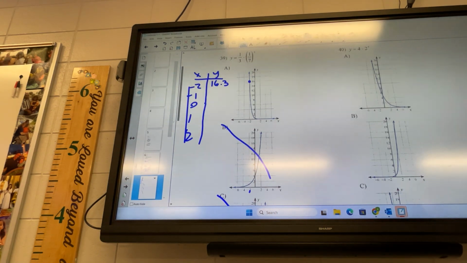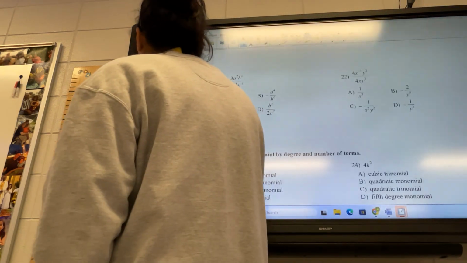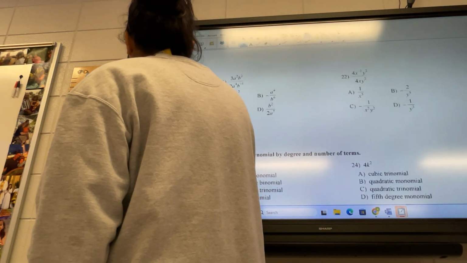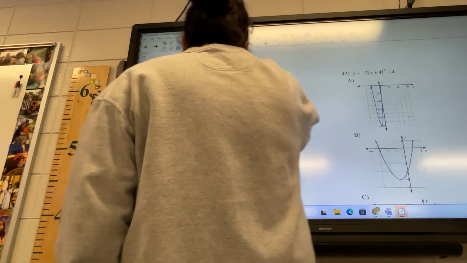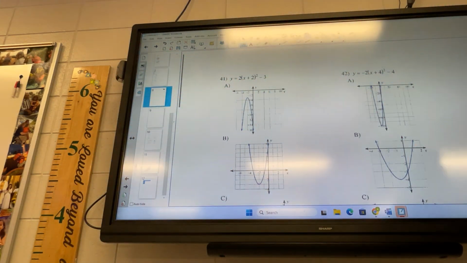Okay, 41. Where does our pencil start? On 0, 0. Does this graph open up or down? It opens up. So, what could you eliminate? A, and C. Literally everything, except for the answer.